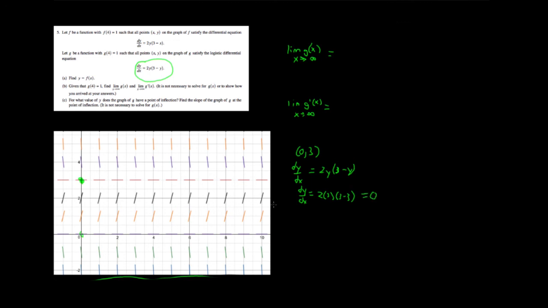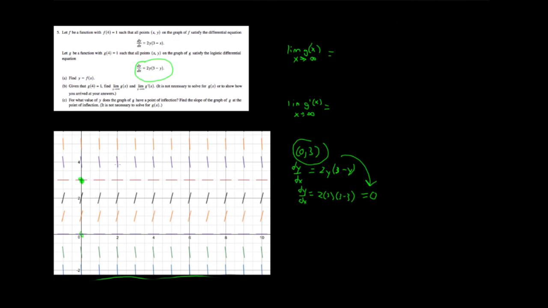So what that tells us is the slope at the point 0, 3 is 0. So what you do is you find the slopes for all the points on the graph that you need, and you make a slope field.